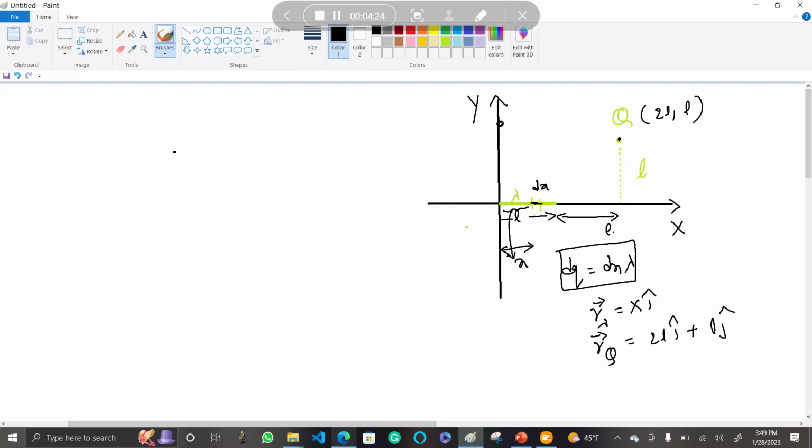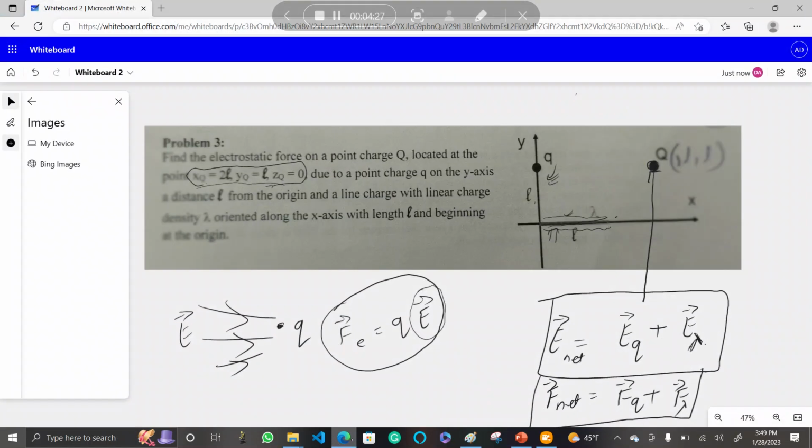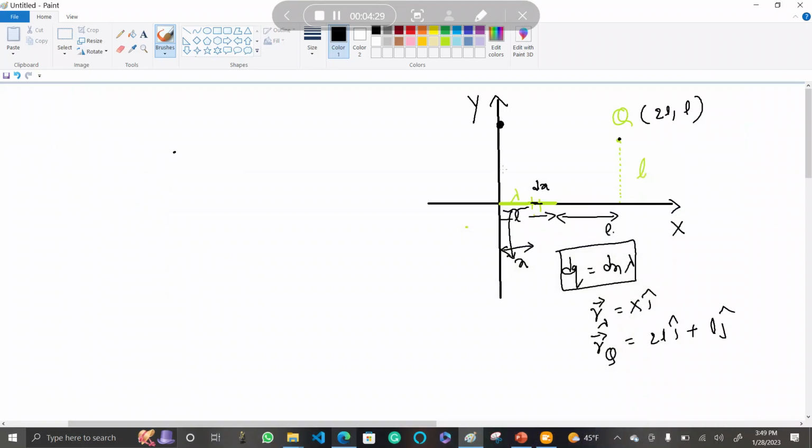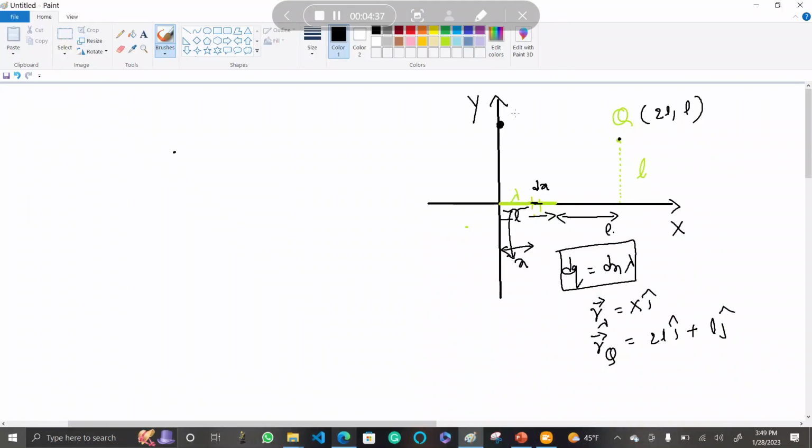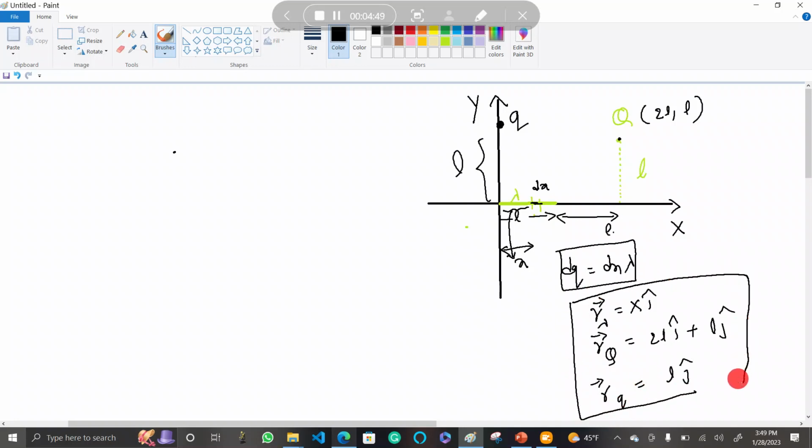And we have the next charge here that we need to consider. The magnitude of the charge is given as q at a distance L above it. So the position vector of Q is L j. So these are the three important things we should consider.